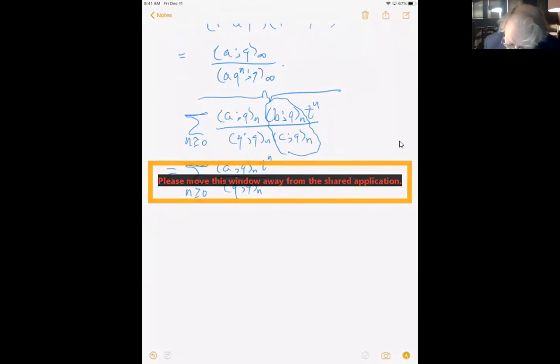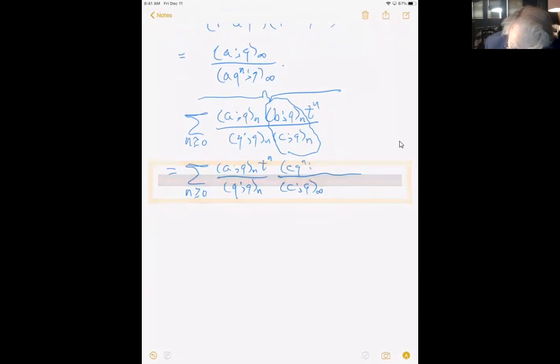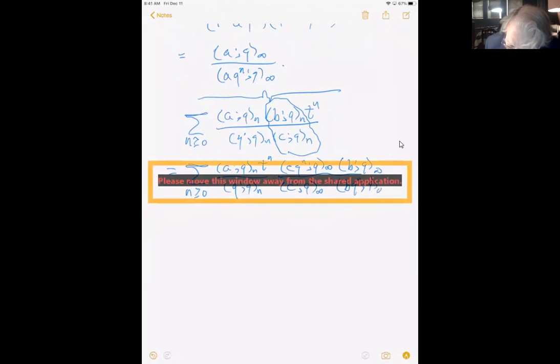And now you rewrite this as (c;q)_infinity, (cq^n;q)_infinity, (b;q)_infinity, (bq^n;q)_infinity. Now you see two of the infinite products do not involve n at all, and so you can bring them out front.